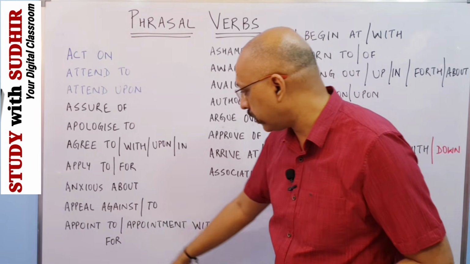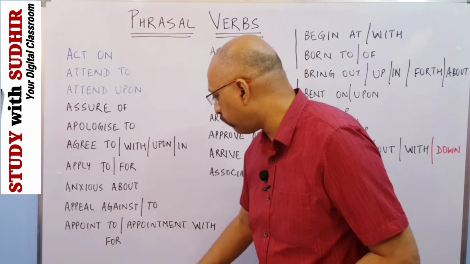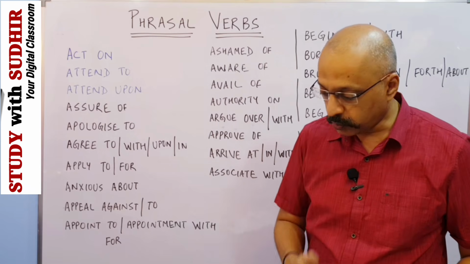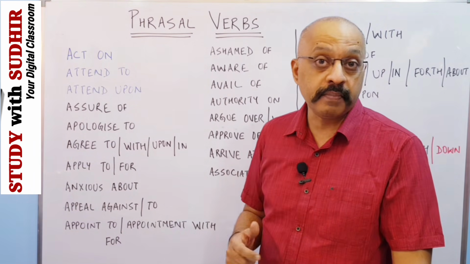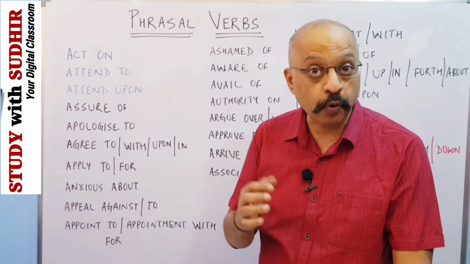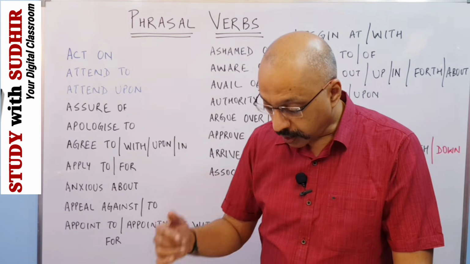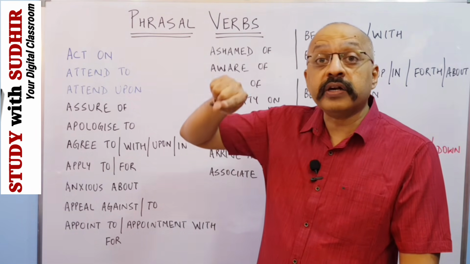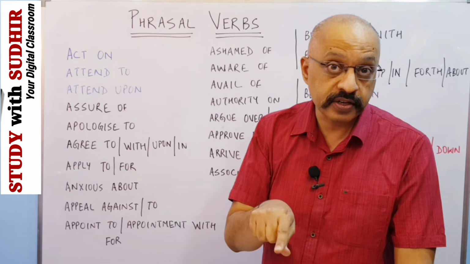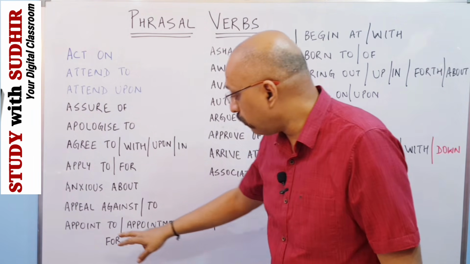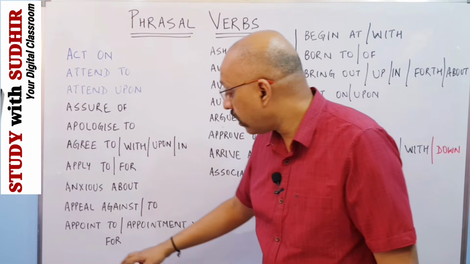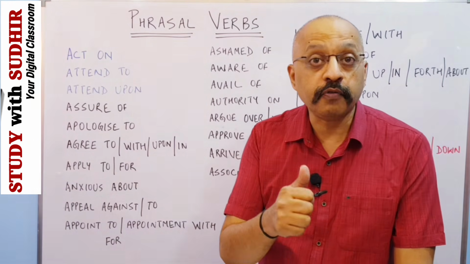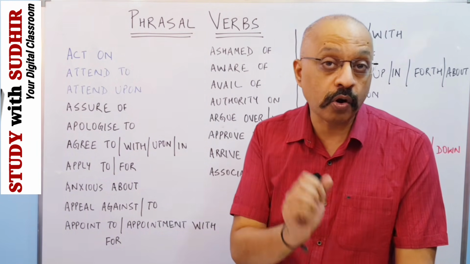This one is also important. Appoint to, appoint for, and appointment with. Now, he was appointed to the post of general manager in the company. He was appointed to the post. He was appointed for a period of 5 years. You understand? He was appointed to the post of general manager in the bank for a period of 5 years.